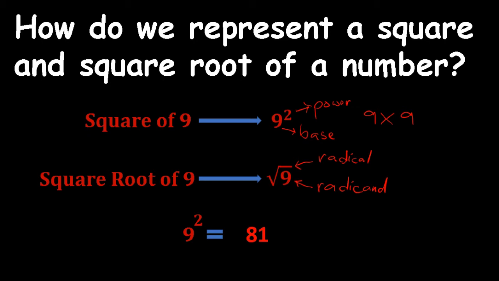And if we move the 2, or the exponent, to the other side, it will become the radical sign or the square root. Therefore, the square root of 81 is 9. So as you can see, the square of a number is the opposite of the square root of that number, and vice versa.